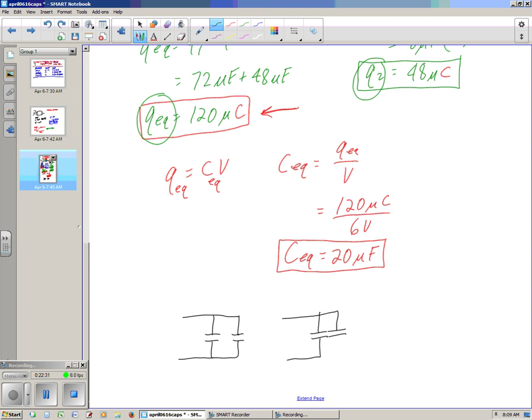So we push them together until they're touching, and for all practical purposes now we have one big capacitor, and you don't really need 2 wires here. All you need is 1 wire. So we now have a larger capacitor, and obviously it has a larger capacity, and it holds a larger charge, and everything seems to make sense.